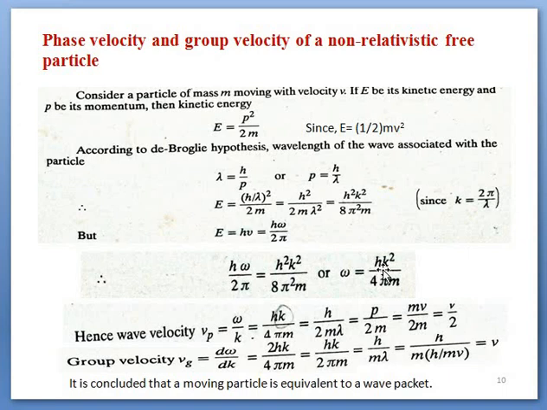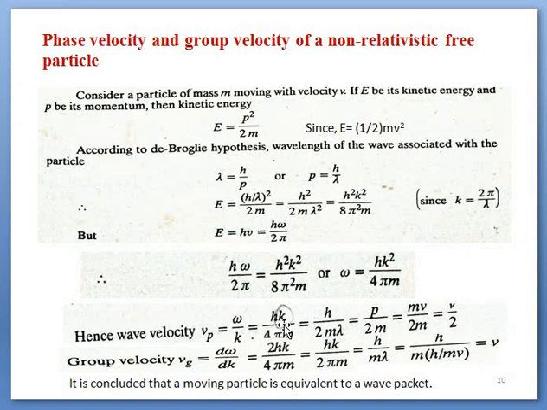Since Vp is a function of omega and Vg is also a function of omega, if we have omega, we can easily determine Vp and Vg. Substituting this value, omega upon k gives h k upon 4 pi m.